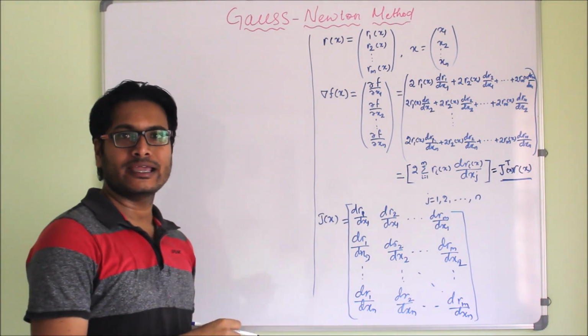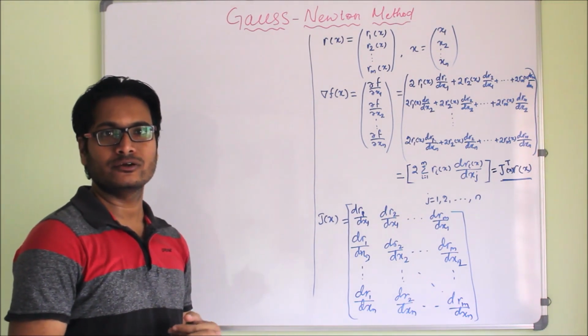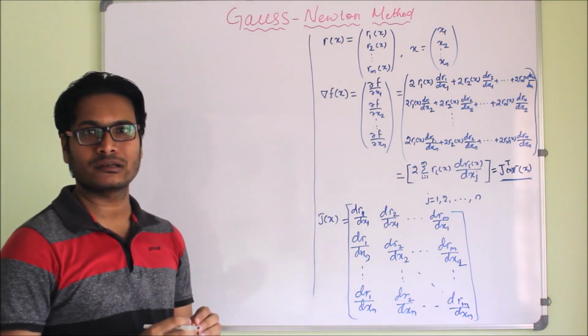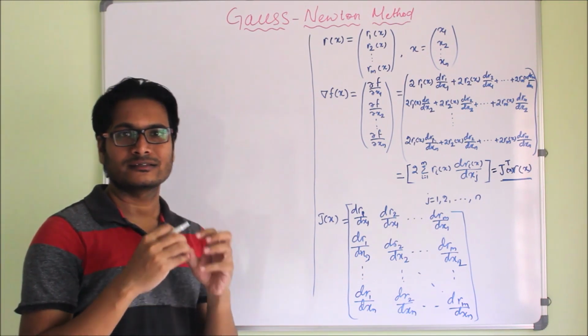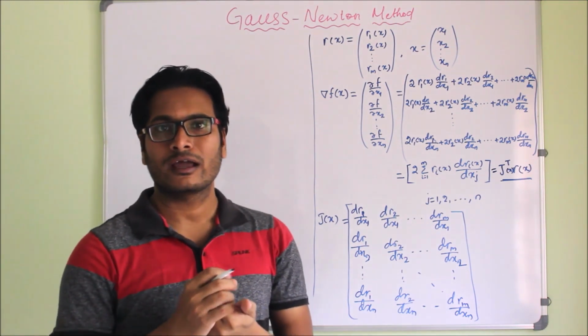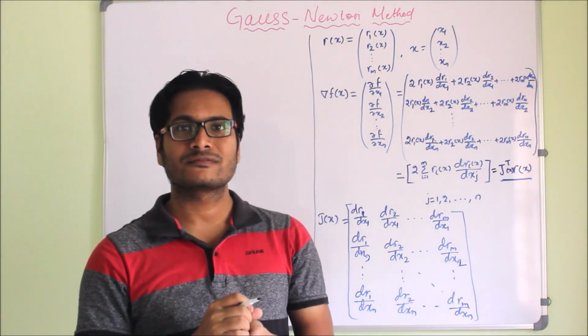So to get the Hessian matrix, we will take one simple example, understand with that simple example, and then generalize that concept and formulate.